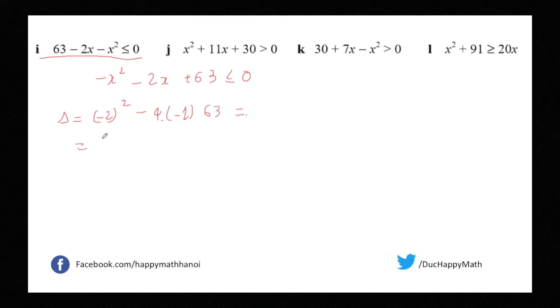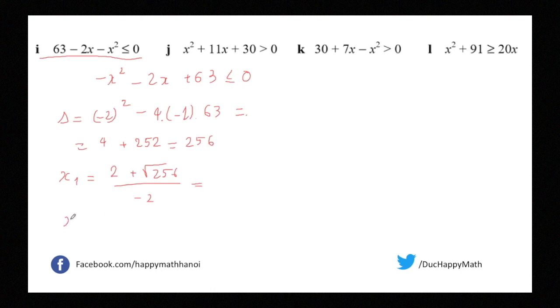This big number is 4 plus 252, so 256. And x will be equal to minus b, which means 2, plus or minus the square root of 256, and divided by what? Divided by minus 2.